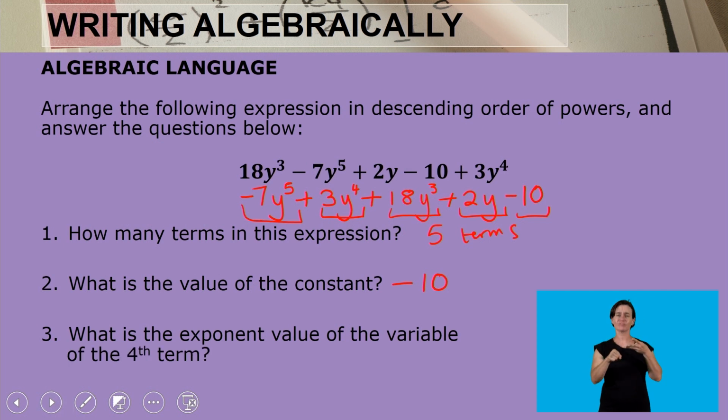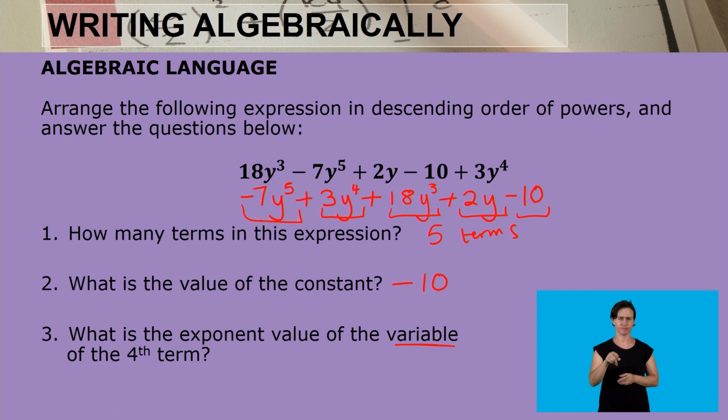It says, what is the exponent value of the variable of the fourth term? So now we first have to identify that fourth term and then look for the exponent value of the variable of that fourth term.